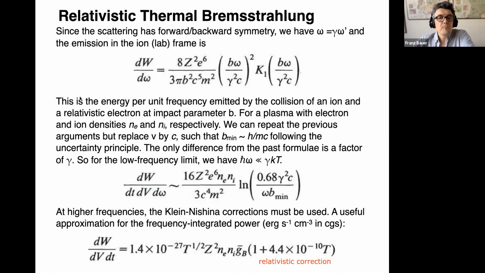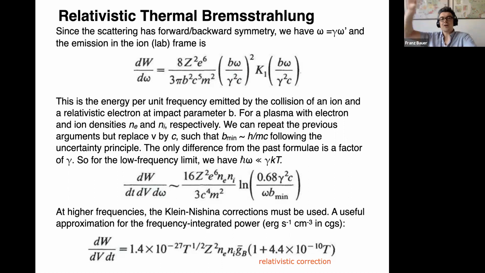So we can then think about this in terms of per unit time and per unit volume. So if we want to calculate this energy per unit frequency for the collision of an ion and a relativistic electron at some impact parameter B, we have our densities here.